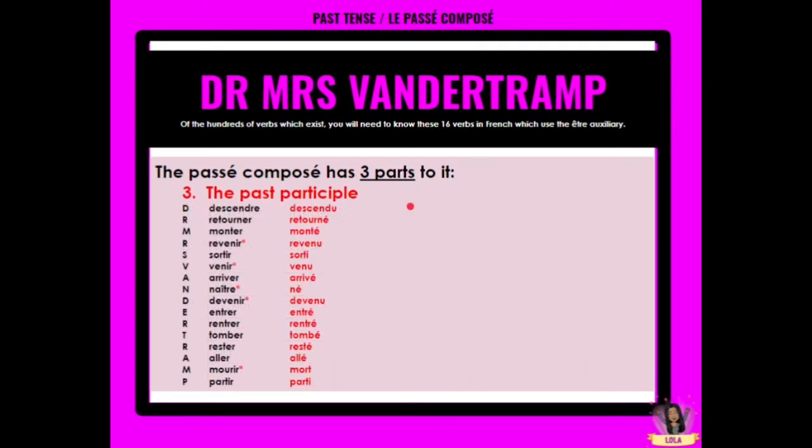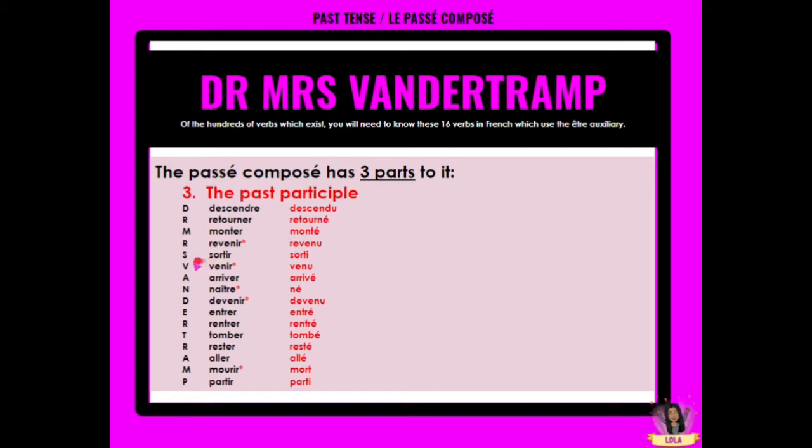Now we're going to look at all the past participles. So on the side here, we can see it says Dr. and Mrs. VANDERTRAMP, and each letter stands for a verb. And we can see here D is for descendre. It's a regular verb ending with RE, and that RE changes to U. The R is for retourner. The ER changes to E accent aigu.